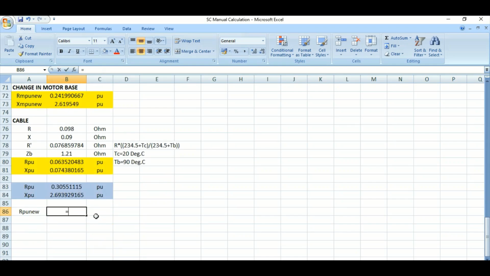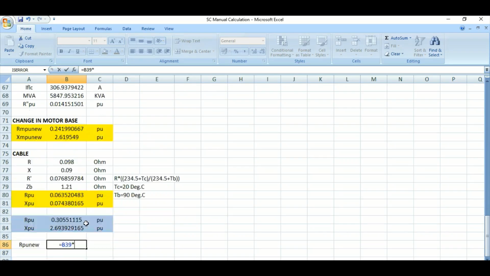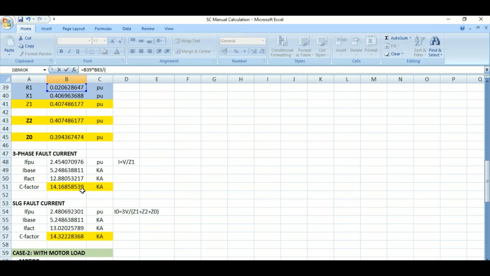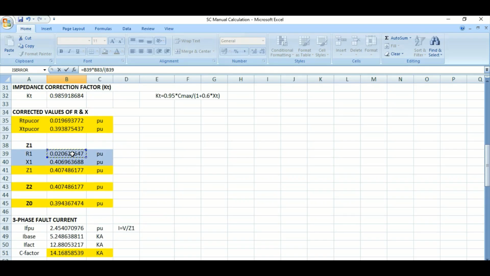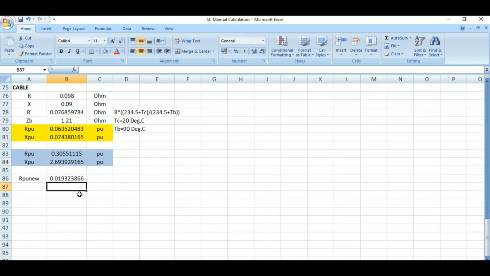So this value will be equal to this into this divided by this plus this. What I have done, I have paralleled this, and I have found out the equivalent resistance value, right?